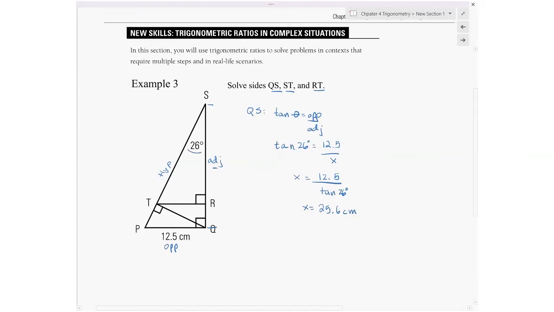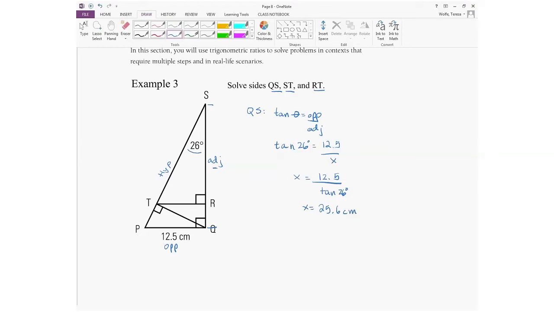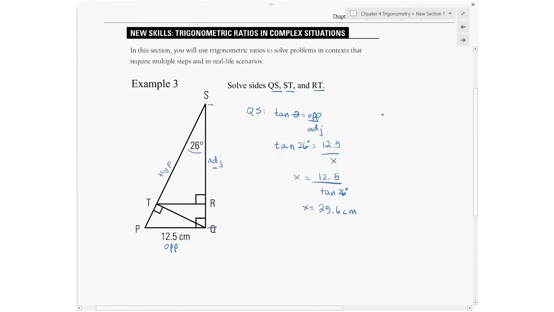Next thing I want to find is ST. Let's change the color. So now ST, I'm actually going to erase all my markings on here, just because I'm probably going to want to use some different things.